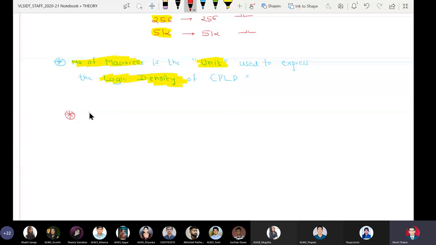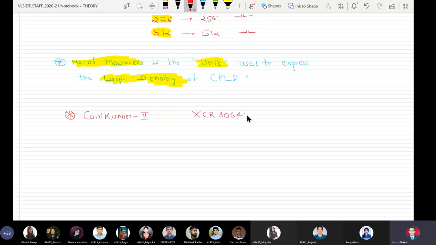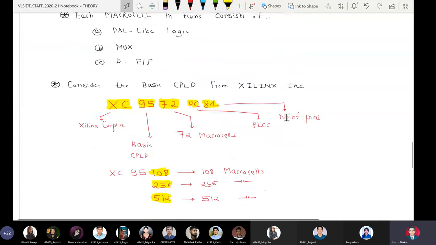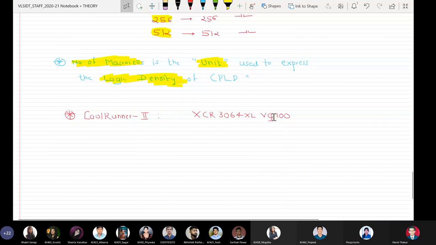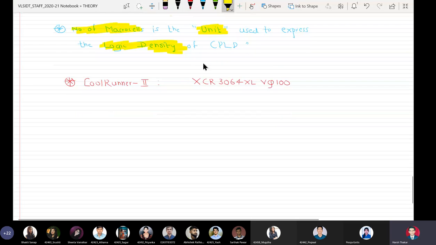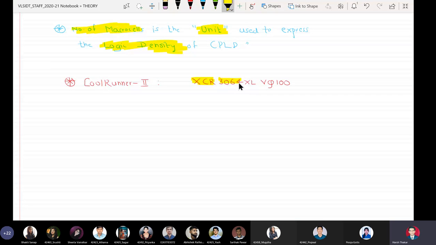Speed grade is -10 here. Xilinx Cool Runner 3064, some technical specification.